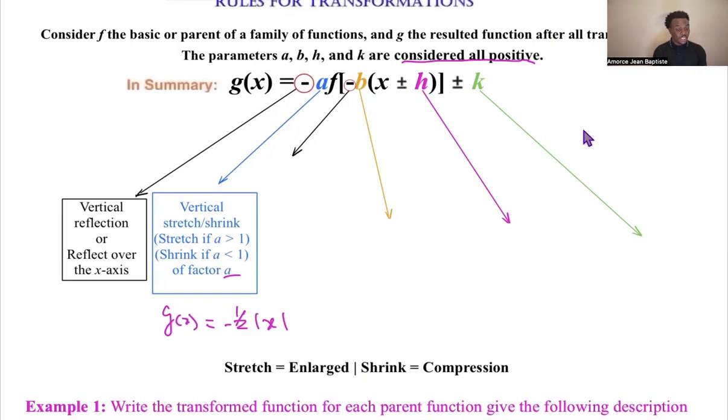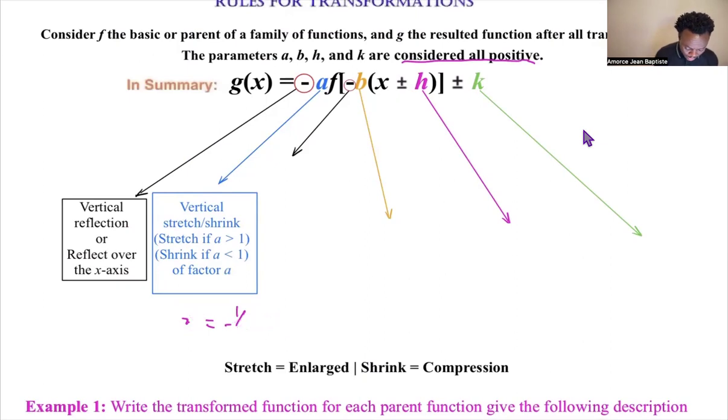A vertical compression or shrink gets the graph closer to the x-axis. The negative sign in front of A, on the outside of the actual parent function, affects it in a way where it flips it over the x-axis.